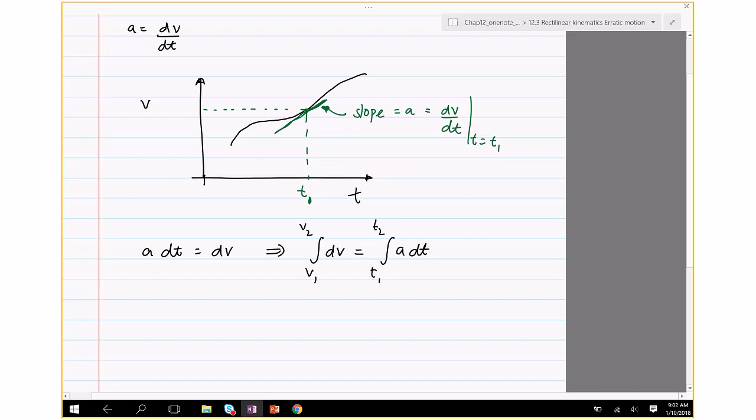The left hand side is trivial to integrate. It's just v2 minus v1. However, the right hand side, I cannot integrate unless I know an expression for the acceleration. If acceleration was t, then that answer would be different from acceleration as t squared, t cubed, and so on. So I'll keep it as it is.